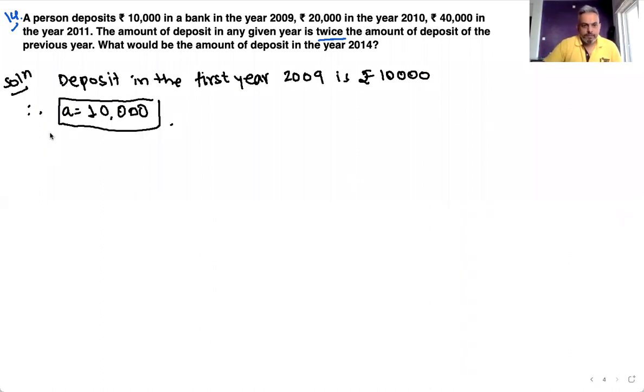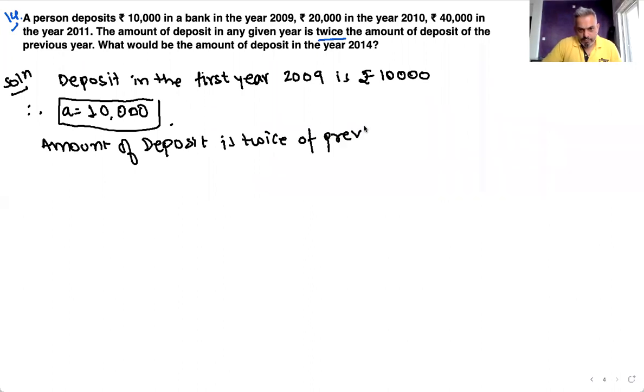Next, amount of deposit is twice of previous year. Therefore, R is equal to what?